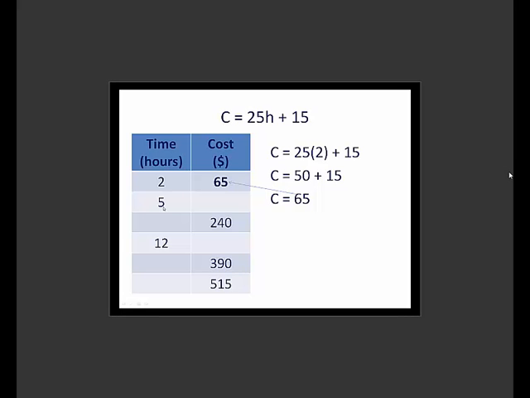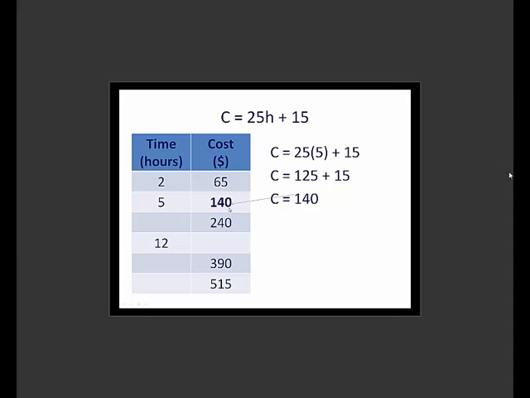So what would it cost for 5 hours? Using this equation, I could take out the H and put 5. So I just multiply 25 times 5 hours, and I get $125. Plus I add that one-time fee, and I get $140.